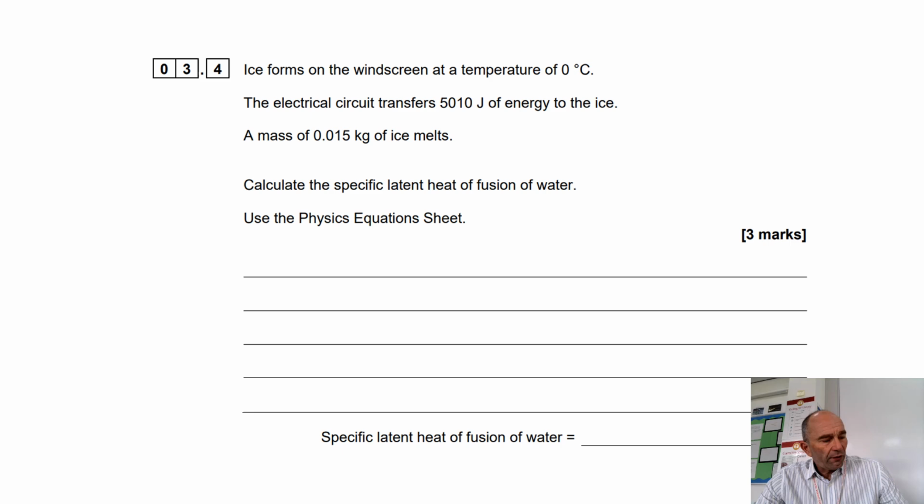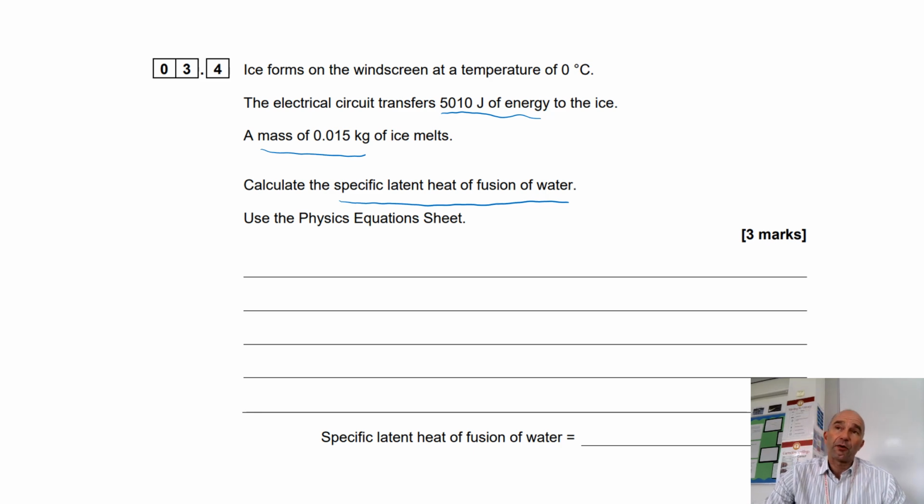Right, another maths question, 3.4, and here we're talking about how the ice forms on the windscreen at a temperature of 0 degrees centigrade. So we've got the electrical circuit transferring that number of joules of energy to the ice. We've got a mass of 0.015 kilograms, and we've got to calculate the specific latent heat of fusion of water.